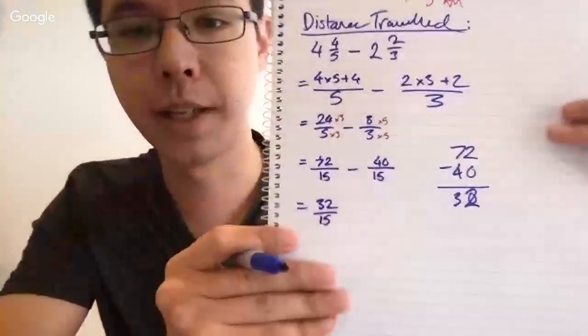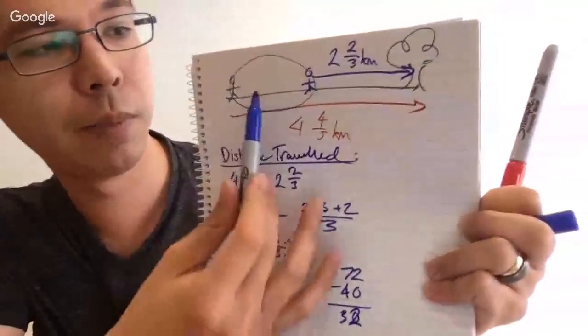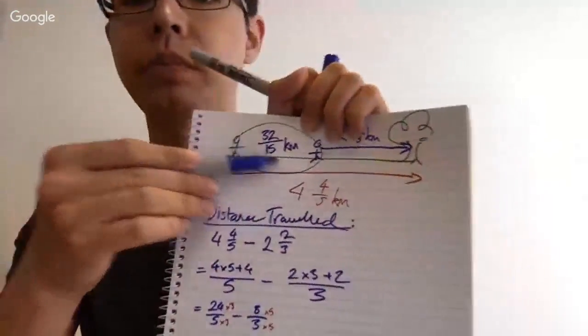So that's where I'm at now. This is the value of how much has been walked. So that value goes up here. So now I've found this value.